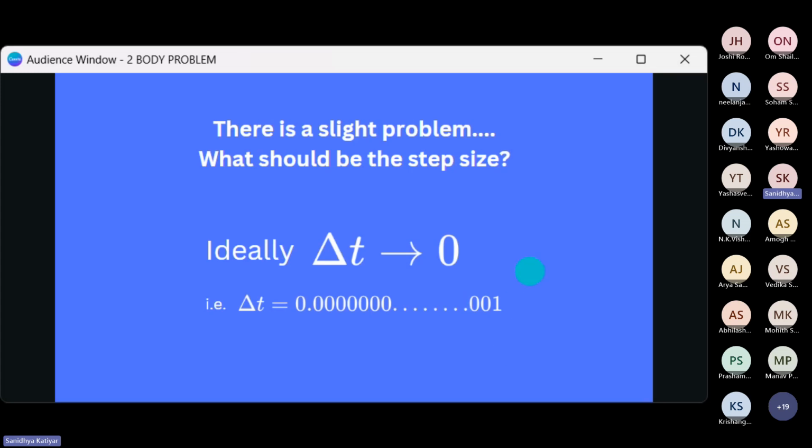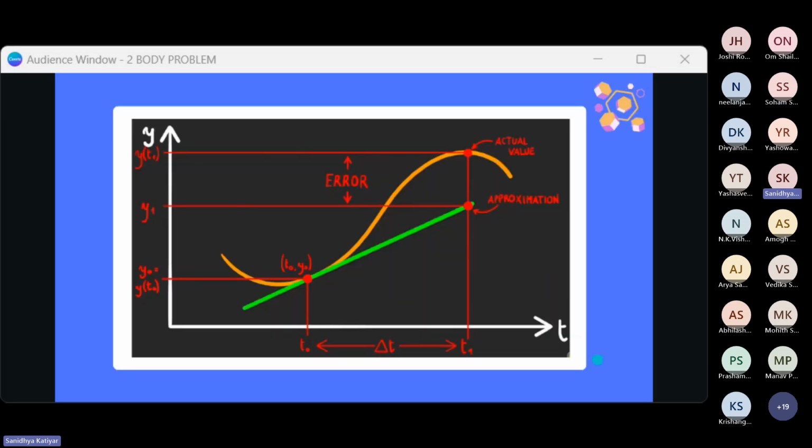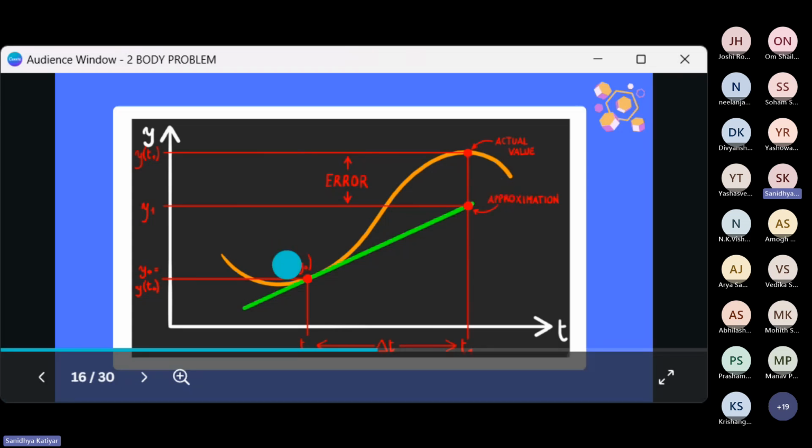So one more approach you might suggest is to take the value of delta t to be smaller, but not that small. Let's suppose we take the step size as delta t equals 0.001. There is no problem in that, but actually what happens is with some functions, let's say this function.